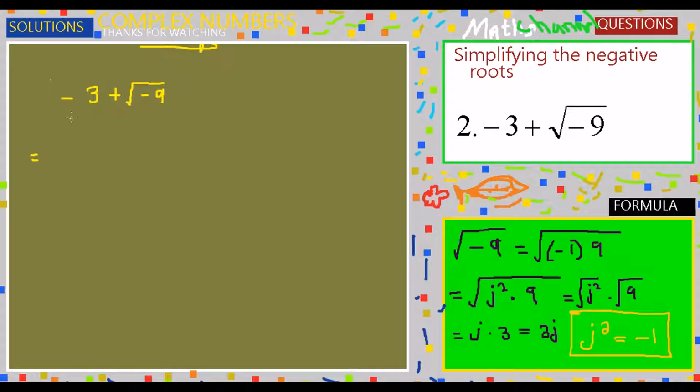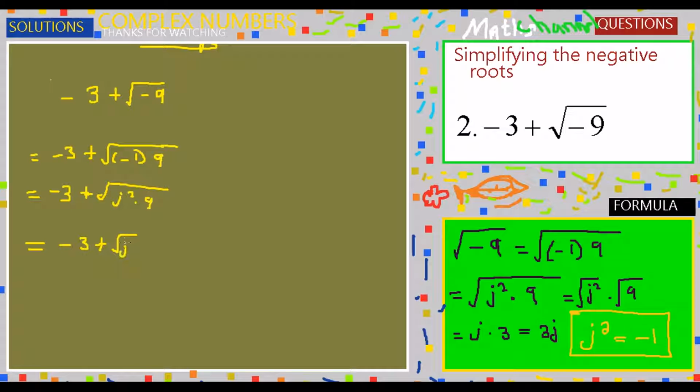Let's simplify this, starting by writing negative 3 as it is, and then the square root of this one. You can split it like this, as you can see by the corner there as an example. Then changing the negative 1, you change it to j square, then multiply by 9.